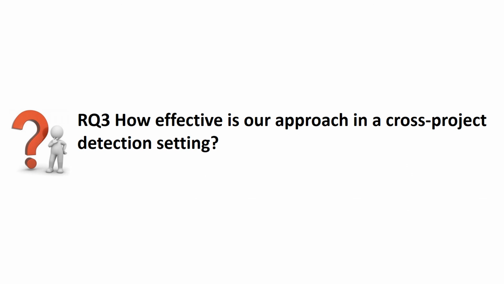The third research question is that how effective is our approach in a cross-project detection setting? For a software project, especially a new software project, it may not have labeled data. In this part, when we test our approach on a target project, we use data from other projects to train a model.